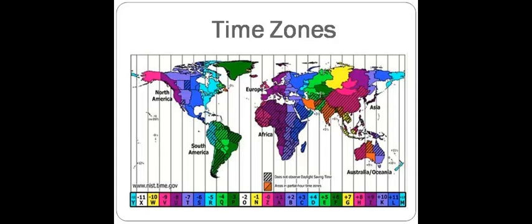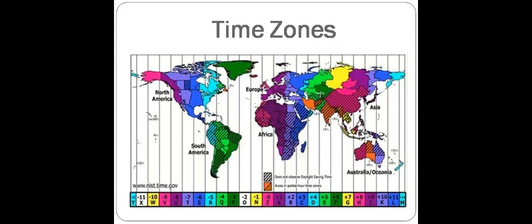And as we go towards east, these countries are ahead, right? Eastern countries are ahead, and if you go to west, western countries are behind the time zone. Let's take an example of India. You can see orange India here. India is in orange color, right here.